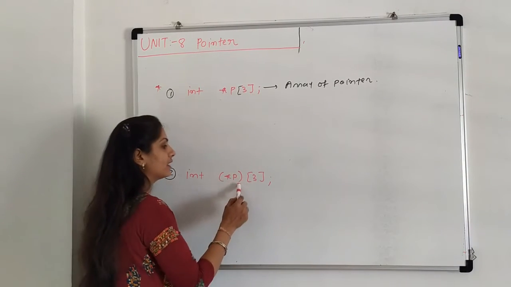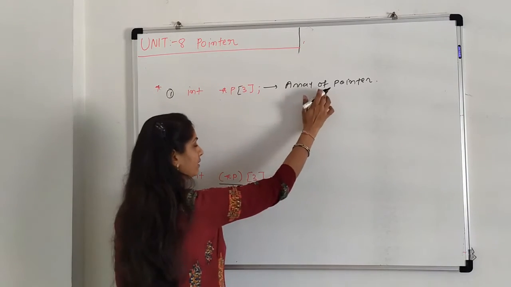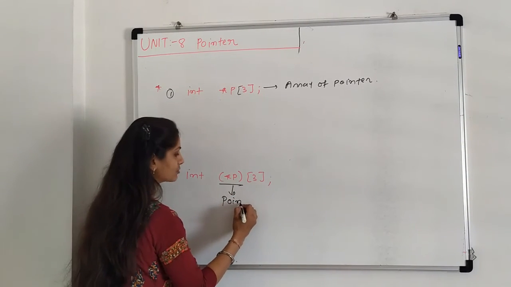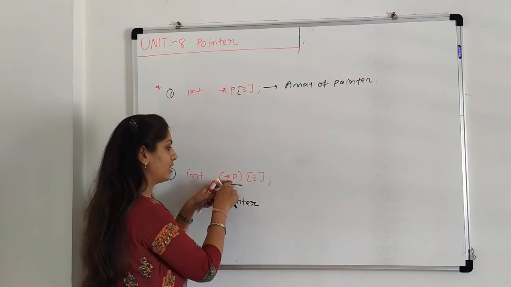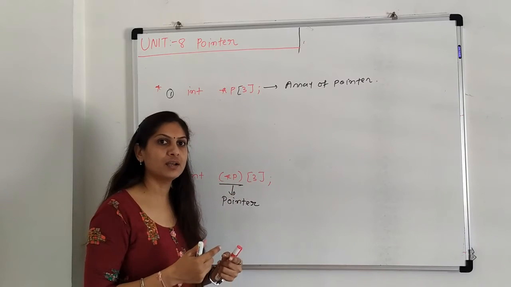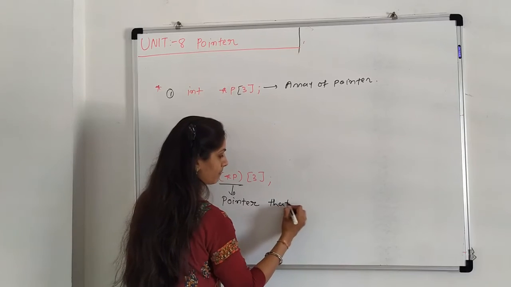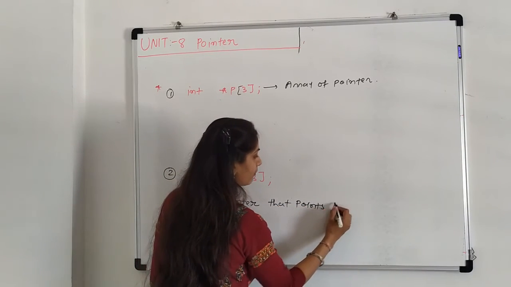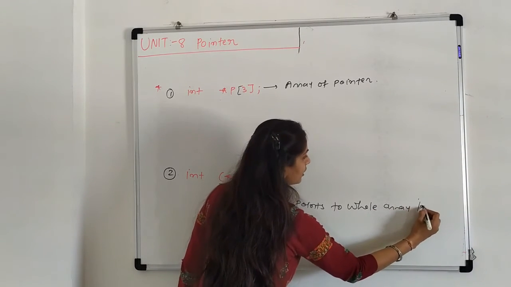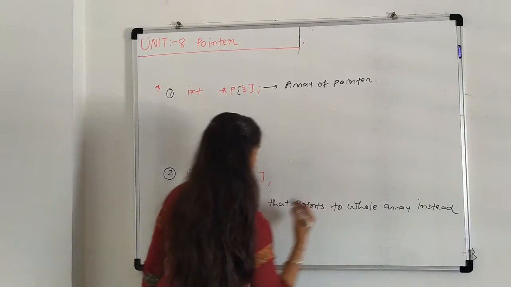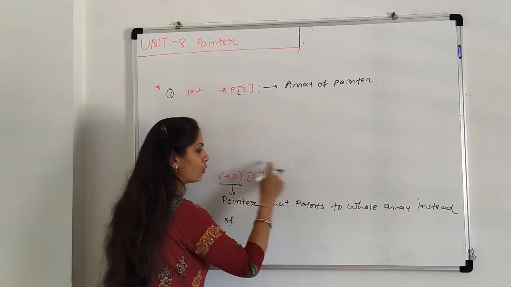So here the bracket has a higher priority. That indicates it is not an array of pointer, but here p is only a pointer. P is only a pointer. Star p indicates it is a pointer that points to the whole array instead of a single element.